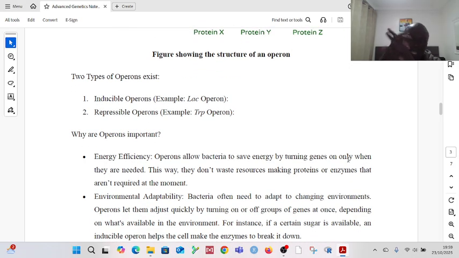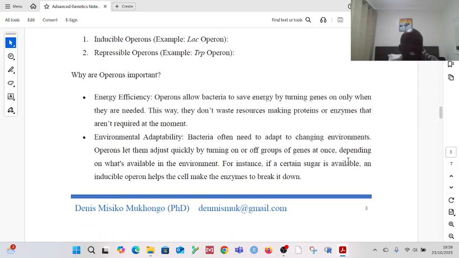So as we indicated, there are two types of operons. One is the inducible operon, and two is the repressible operon. We've seen that within an operon, there are several genes that are controlled as a unit by a common promoter.